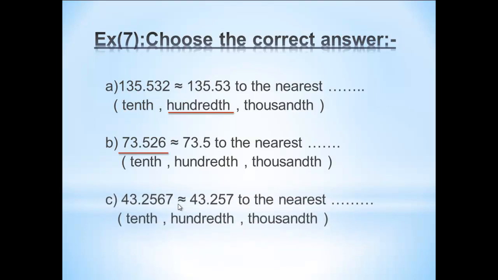Third one. 43.2567 after approximation becomes 43.257. This approximation is to the nearest what? Tenths, hundredths, thousandths? Ask yourself. After approximation, we have 3 digits after the decimal point. We want 3 digits, so thousandths. Approximate to thousandths. Yes.